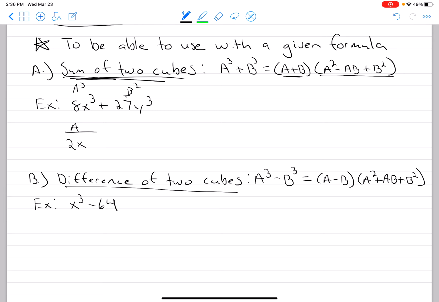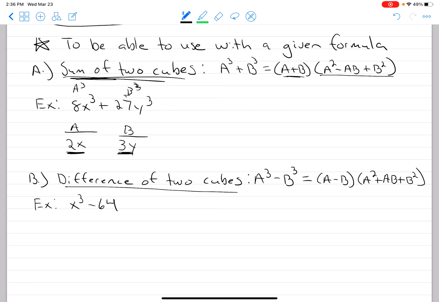Here is my B cubed, right? What number times itself 3 times is 27? 3 times 3 times 3 is 27. So the cube root of 27 is 3, and the cube root of y cubed is y. So now in this situation, A is 2x and B is 3y.